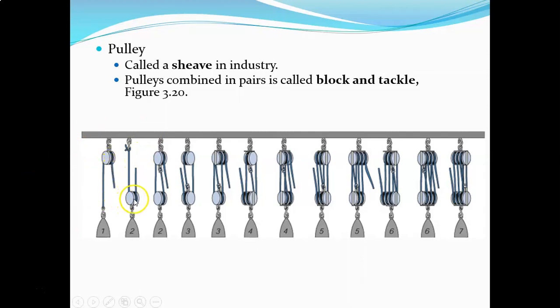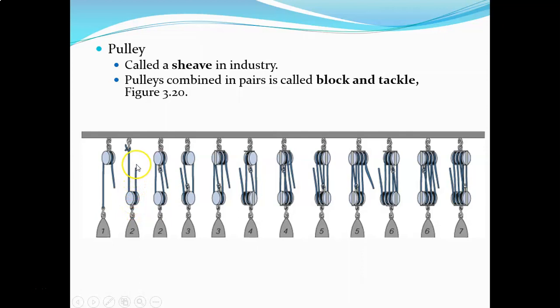So we take the second one. We've got the pulley mounted onto the load. Now we call this a movable pulley, where the pulley at the top is fixed. This one's actually going to move as the load rises.